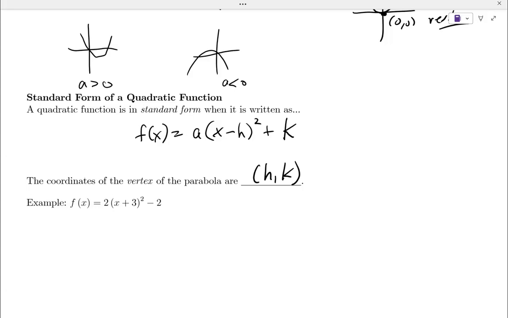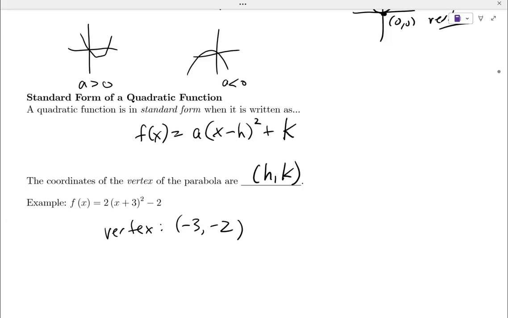Your k is going to be -2, because the sign's flipped. Your h is going to be -3, because again the sign's flipped, right? It's the opposite. Okay, so the coordinates of your vertex here will be -3, -2.